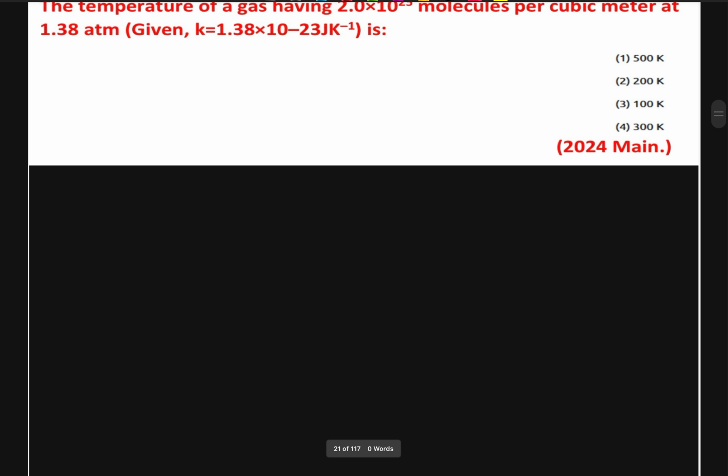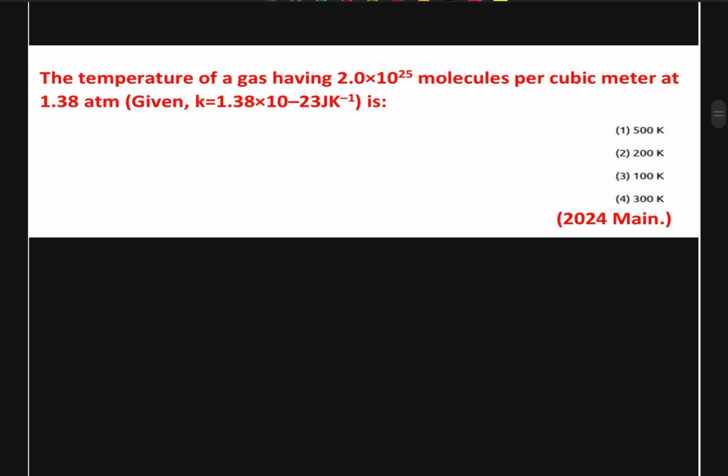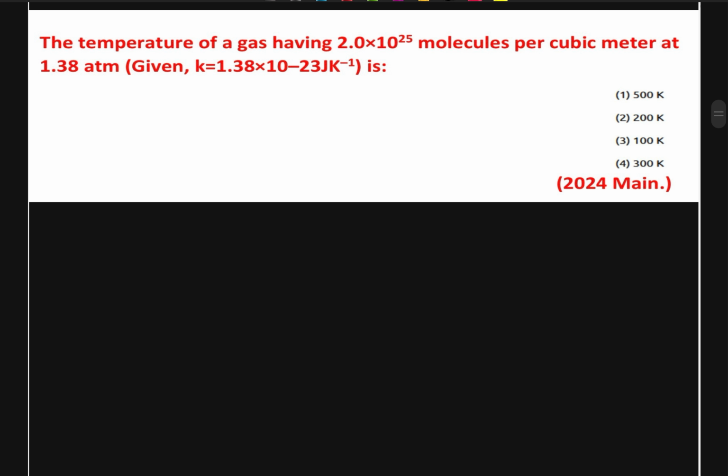Next question. It states: find the temperature of a gas having 2 into 10 to the power 25 molecules per cubic meter at 1.38 atm, given that k is 1.38 into 10 to the power minus 23, where k is our constant.